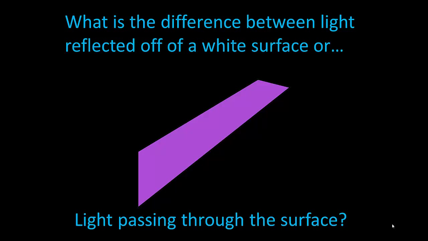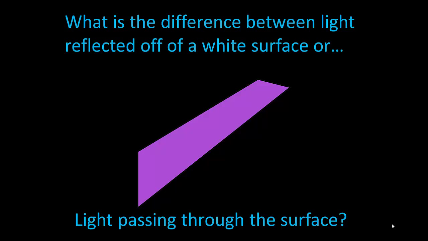Just in case it has crossed your mind, light passing through the aperture, meaning if the light was behind the rectangle and it was passing through an opening, an aperture, would appear different for a translucent aperture versus a transparent aperture.